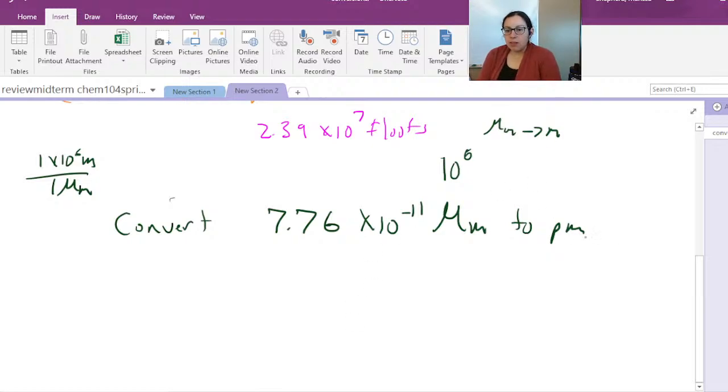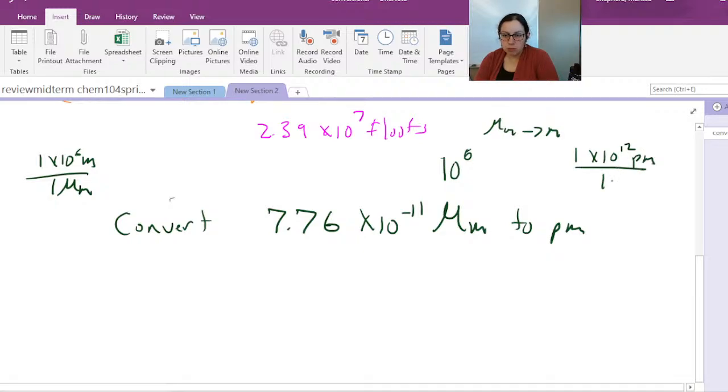So that gives us one conversion factor. And then what's pico then? Negative, well, what'd you say? Sorry, 12? So negative 12, so 1 times 10 to the 12 picometers are in 1 meter. Just converting it to positive units. And so now we have our two conversion factors, so this looks good.